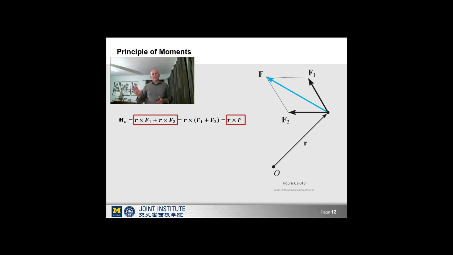R cross F1 plus R cross F2 is equal to R cross (F1 plus F2), which is equal to R cross F, right? So whether I break a force into its components or not, it's still R cross F. So it's still going to give me the same moment.